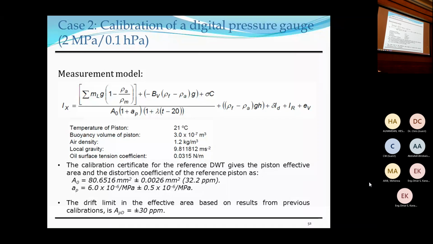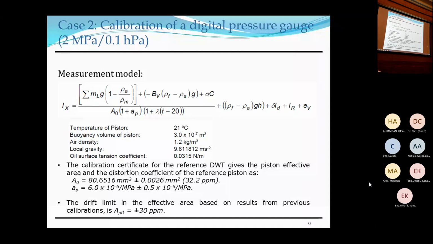So the total force is made up of the dead weights plus whatever force is applied by the buoyancy corrected piston, plus any surface tension force that might be applied due to the surface tension of the oil.